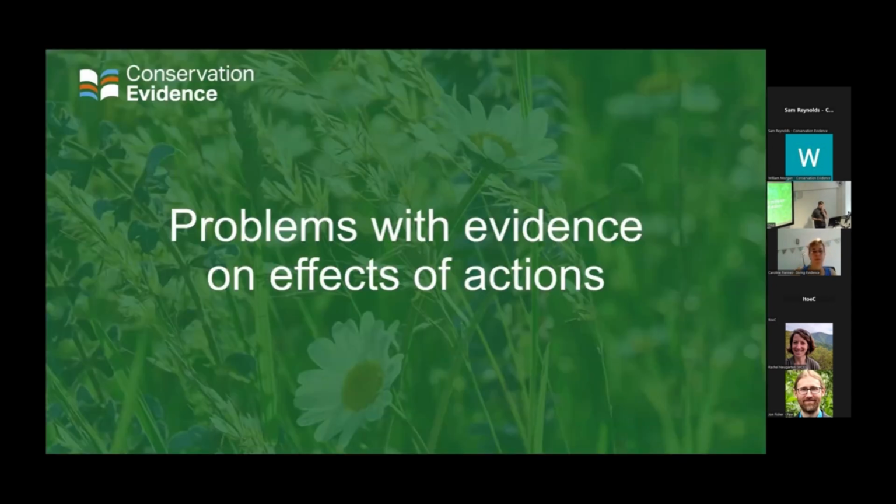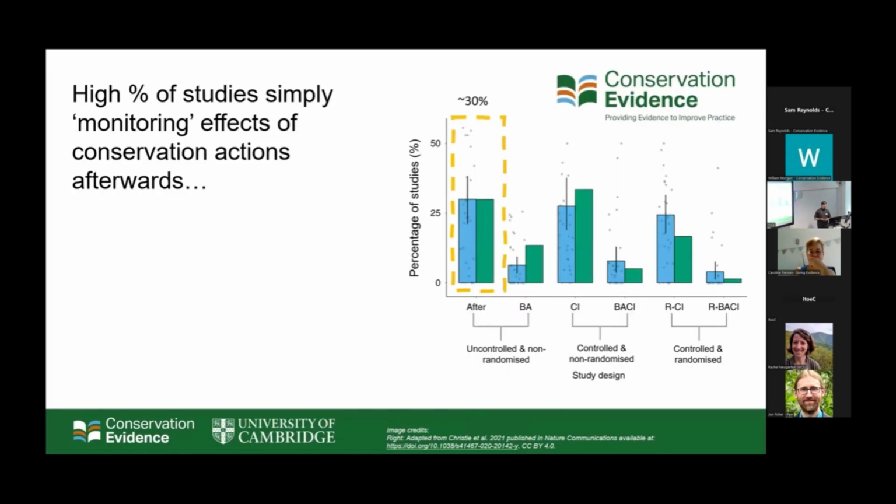So just to start off the first part, I'm going to talk firstly about some problems with the evidence that Bill's mentioned around study design. So how do you design monitoring and impact evaluation to really understand the effect that your conservation actions are having?